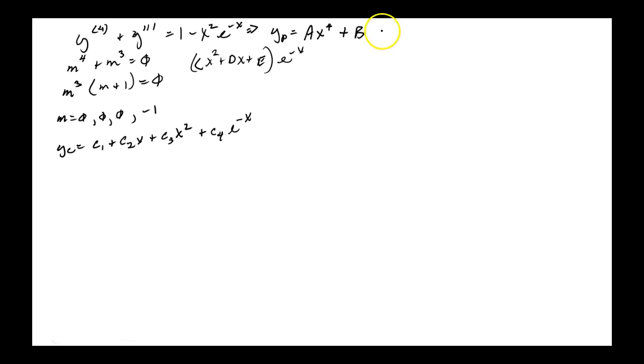So this will be a plus Cx cubed e to the minus x plus Dx squared e to the minus x plus Ex e to the minus x. Okay. There's our particular solution.